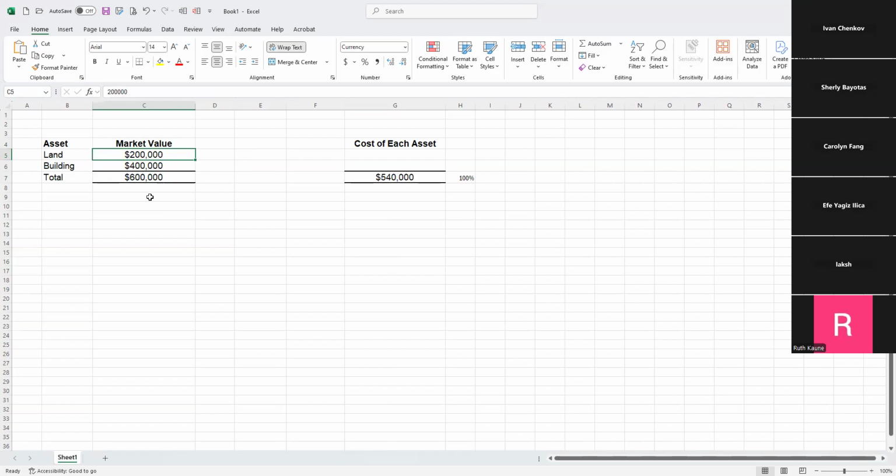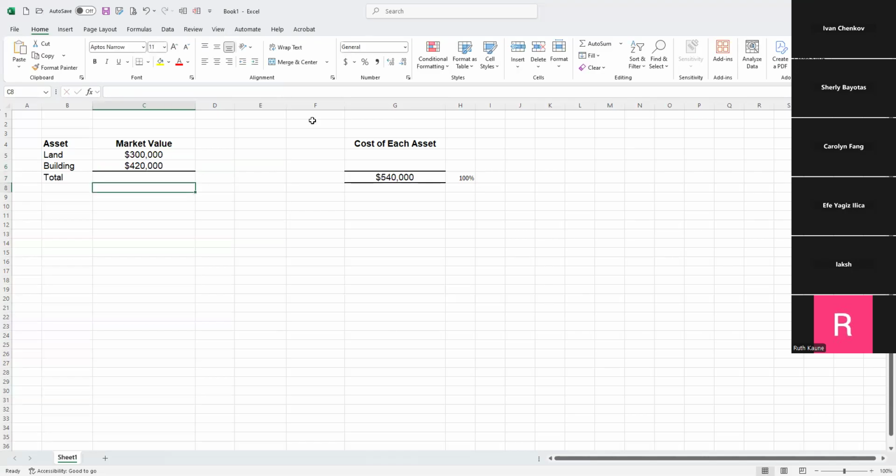Well, let's change the numbers. Let's say the market value of the land is $300,000 and the market value of the building is $420,000. Random numbers which are completely different from what they're suggesting, right?